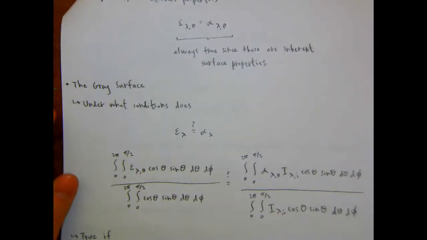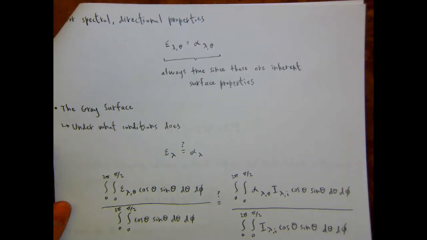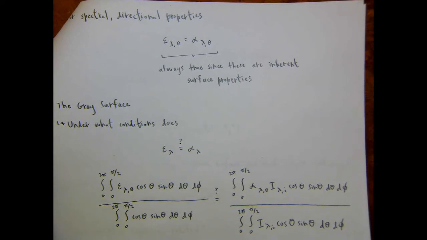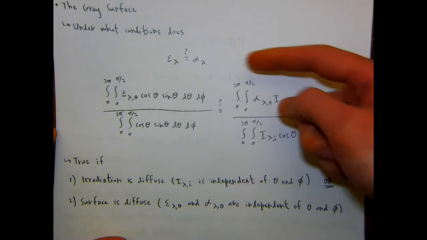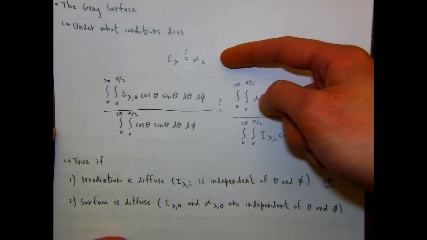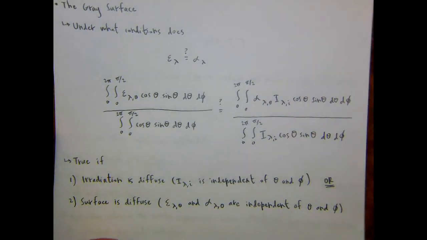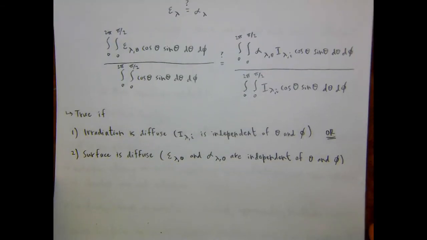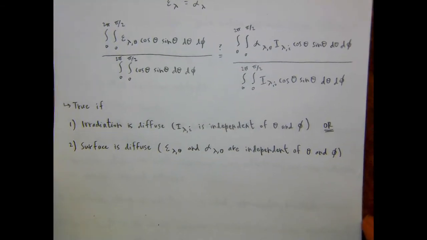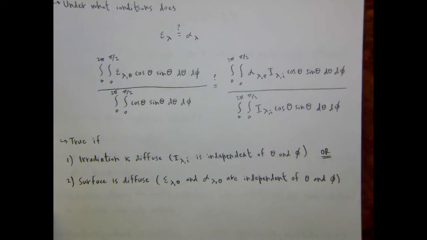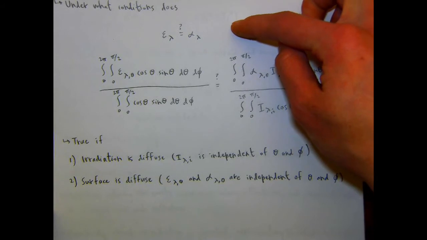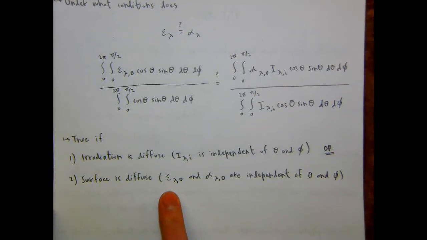And then we said, okay, the spectral directional emissivity and absorptivity are always equal to each other. And then we started working through under what conditions we could say that the spectral emissivity and absorptivity were equal to each other, and then the total emissivity and absorptivity. So we're introducing the gray surface, and we got through basically stating that we can say these two quantities are equal if the irradiation or the surface is diffuse.